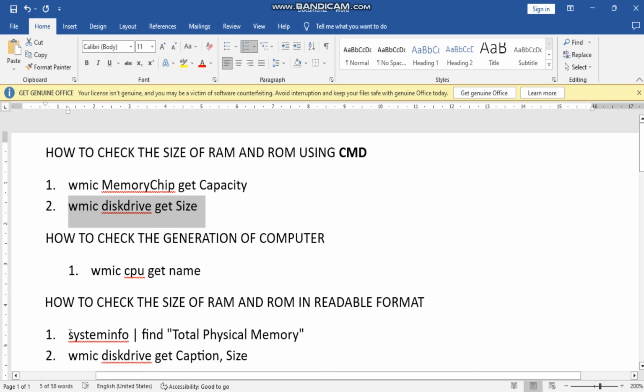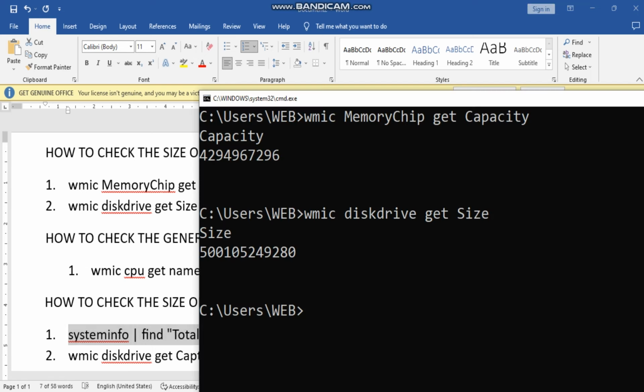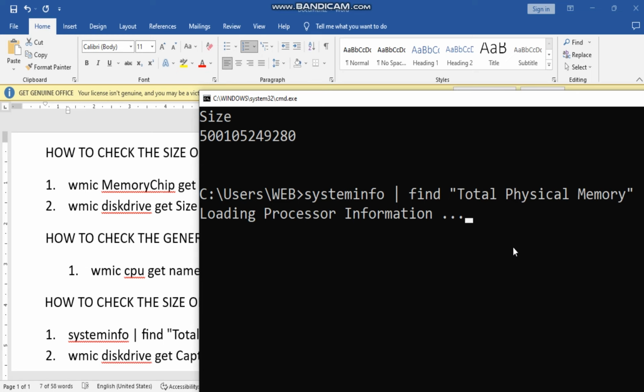If we use this command here and paste it here, leave an error here, and then we enter, your computer will start calculating and automatically give us the best calculation for our RAM.